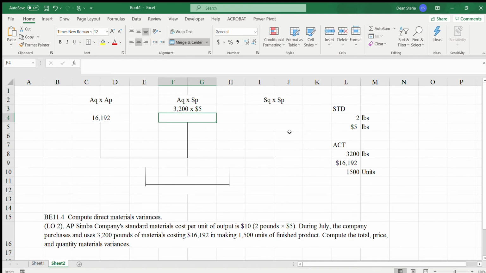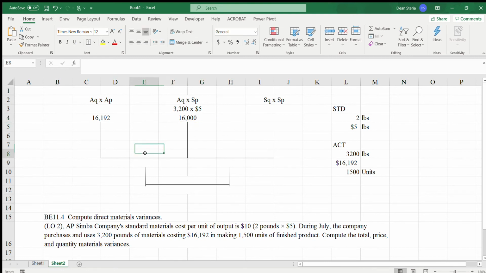So that leaves me with 3,200 times 5, so $16,000. Okay, so that $16,000 is what I thought it was going to cost me.